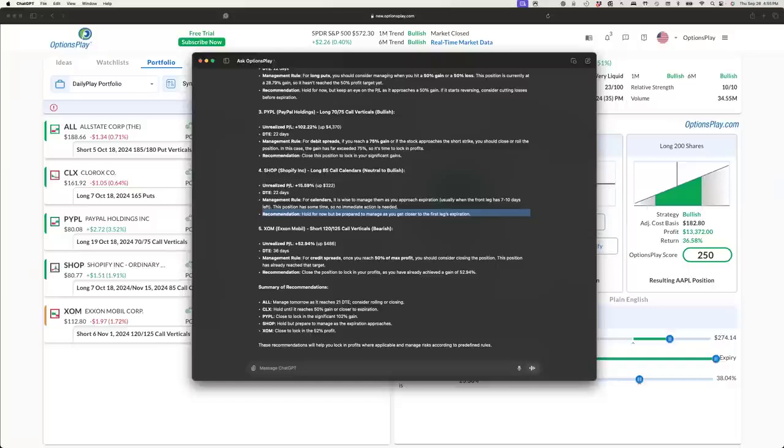You might find it difficult to follow these rules initially, but over time, as you build the discipline of looking at these trades through this objective lens every single day, you're going to be a lot more comfortable with the rules, because it's not just telling you what to do, it's explaining to you why. And you can validate it against the rules that you've been taught, and make sure that you understand those rules before you go ahead and follow these rules.